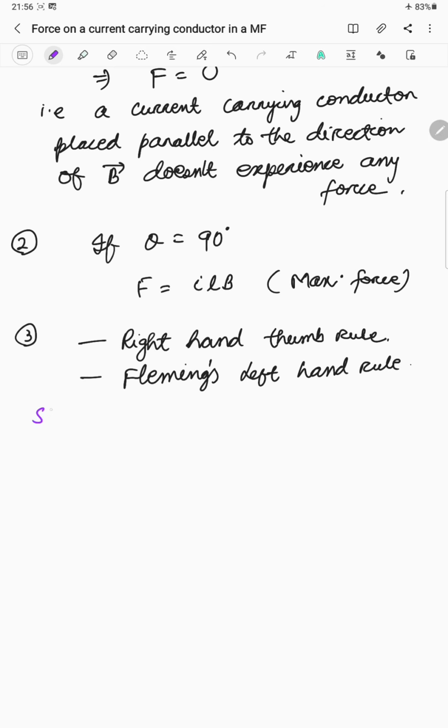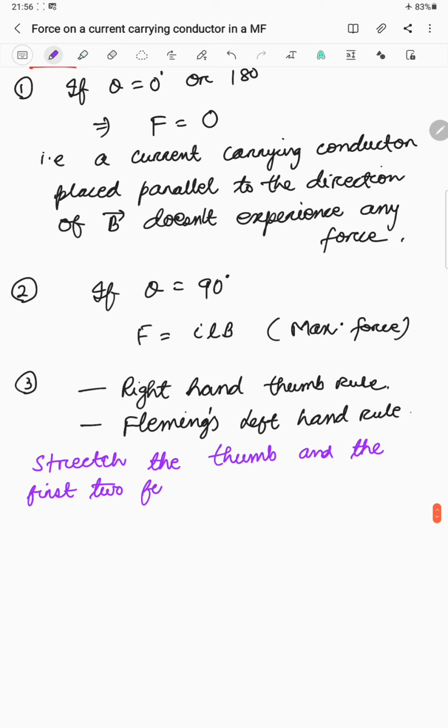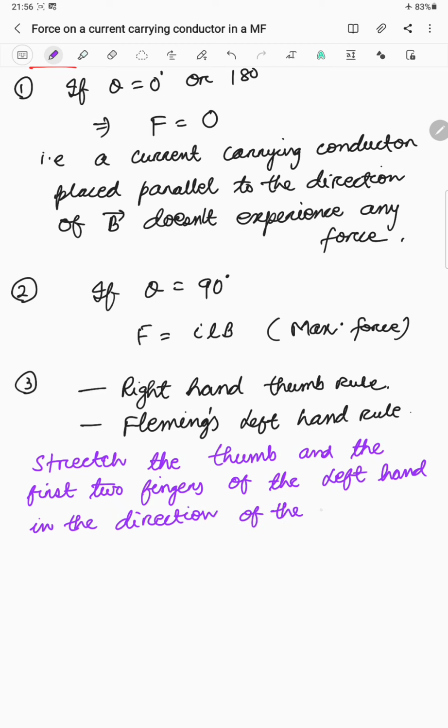So what does this rule tell? This tells that stretch the thumb and the first two fingers of the left hand in the direction of the magnetic field, comma, your central finger in the direction of current.